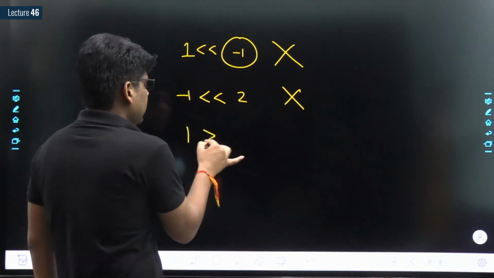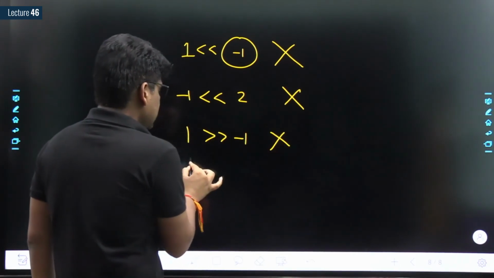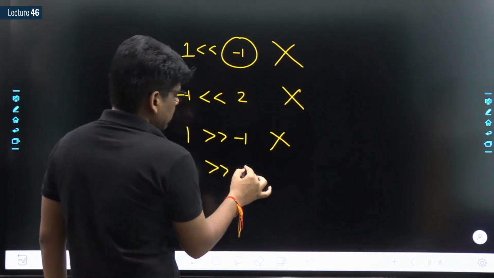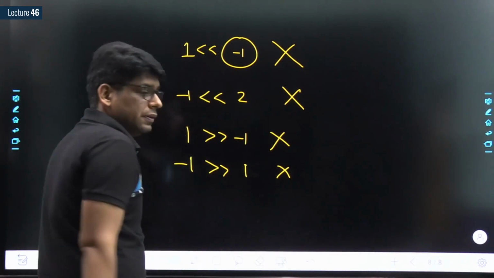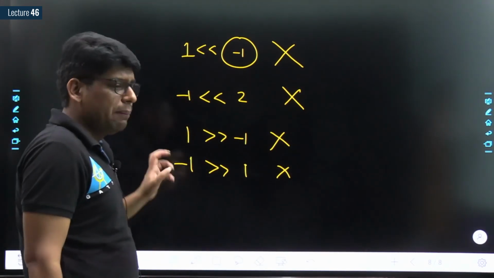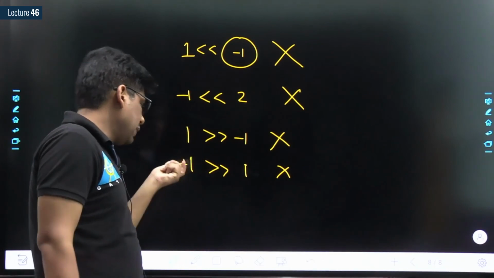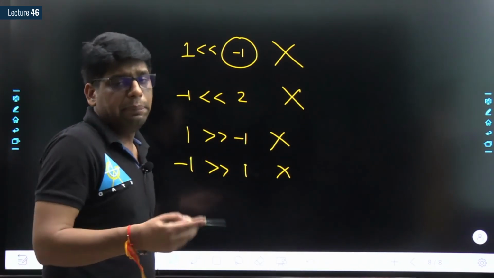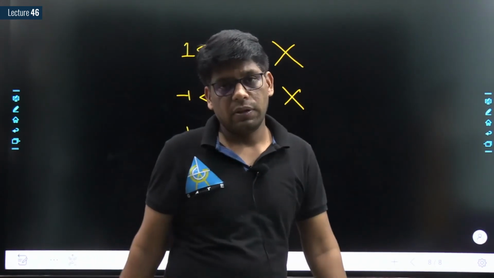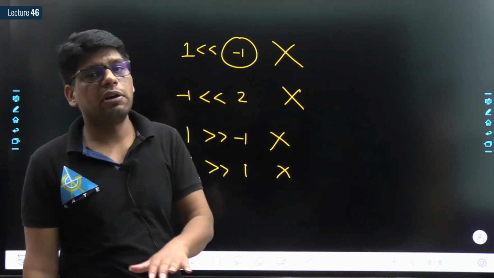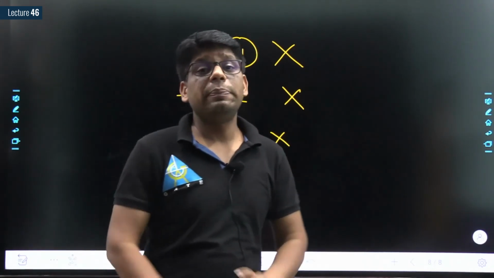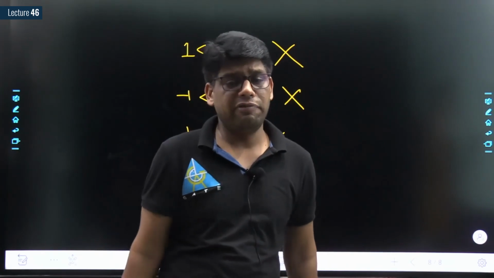On some compilers, when you right shift a negative number, the empty space is filled by 1, but on some compilers it is filled by 0.